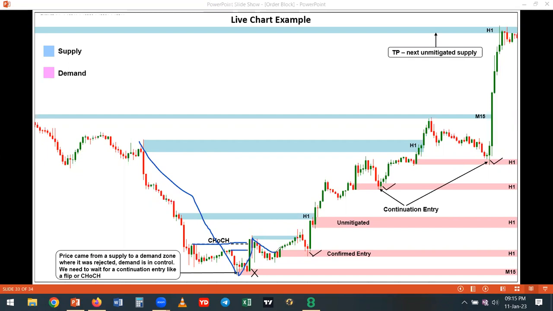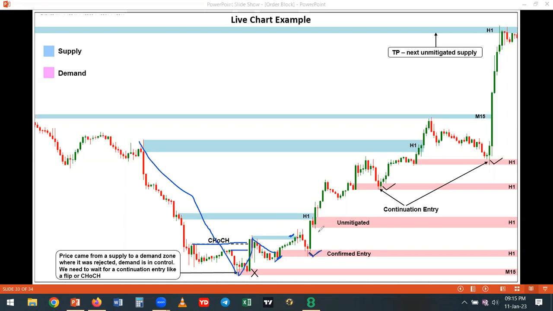So market came here, gave me this other block here. It gave me this particular other block here. Then this other block broke a structure here. The market came back to this other block. This is the first entry it gave here.